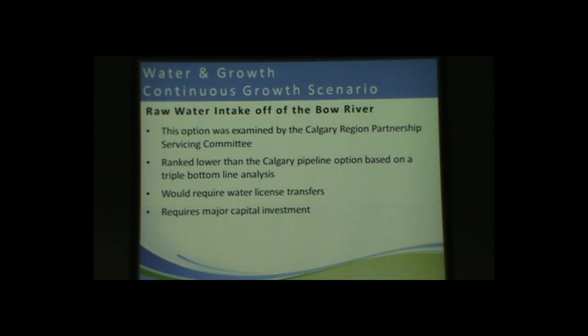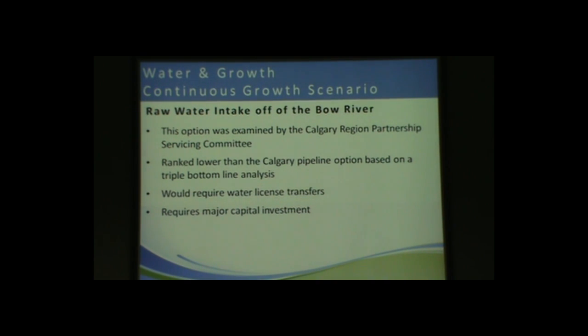A raw water intake off of the Bow River is a second option if we were to enter into a continuous growth scenario. This option has been examined by the Calgary Regional Partnership Servicing Committee, and it ranked lower than the Calgary pipeline option based on a triple bottom line analysis, whereby they looked at cost, environmental factors and operational factors.